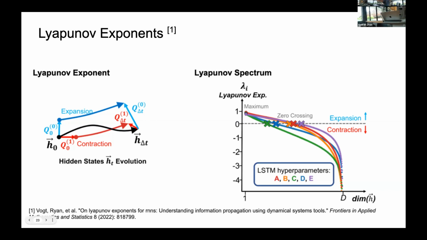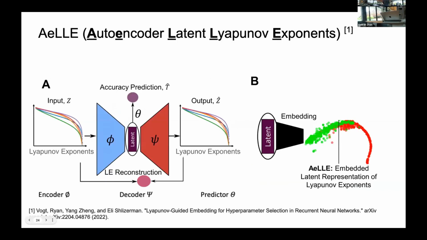And in your next slide, when you have this autoencoder, here you're just giving all the Lyapunov exponents corresponding to hidden states and trying to reconstruct them. What exactly was the task here? Yeah, for this task, the input is the Lyapunov spectrum of each network model. We are given the Lyapunov spectrum of the model and also the accuracy of that model, to do the supervised training.